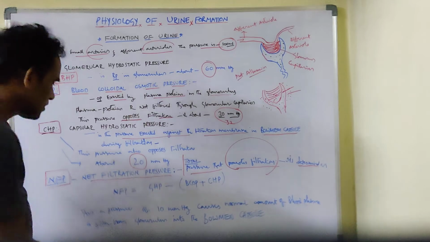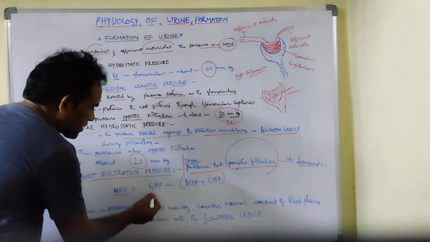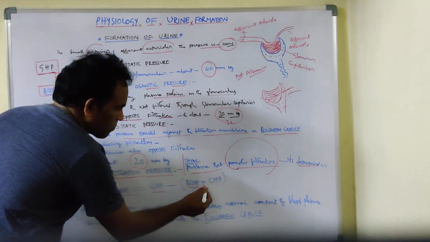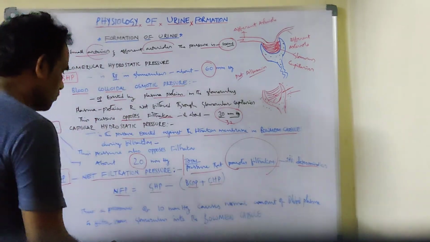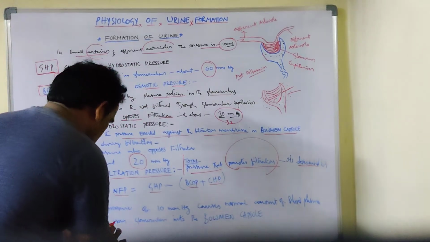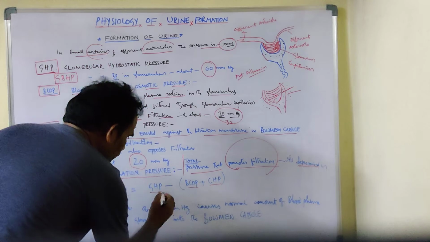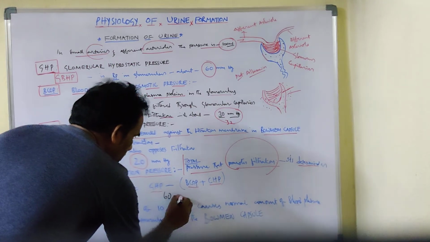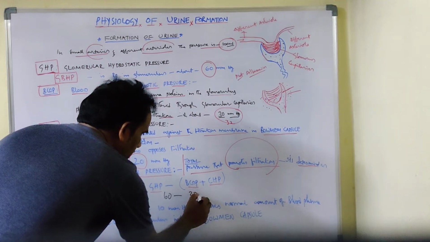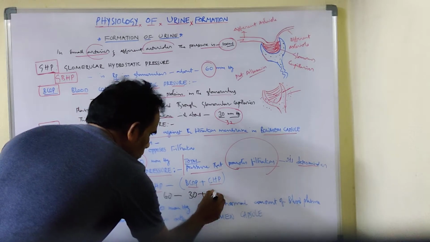The formula is GHP minus BCOP plus CHP. GHP here is 60, minus BCOP 30 plus CHP 20.